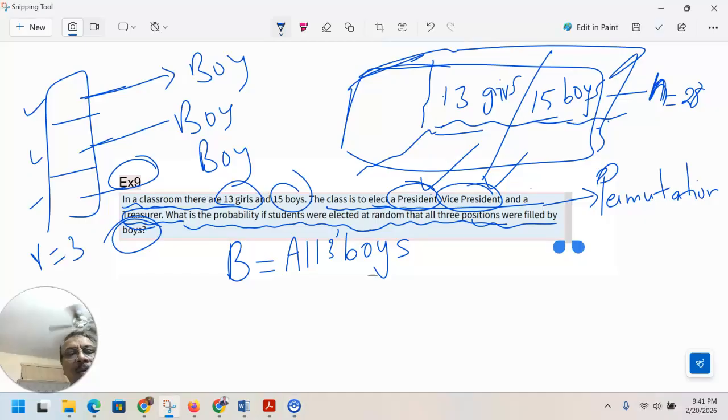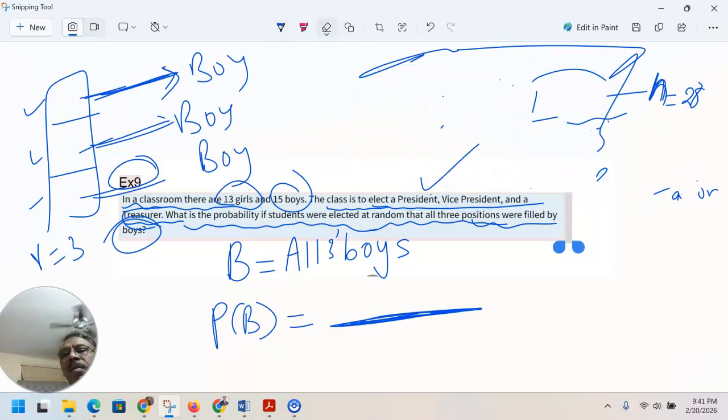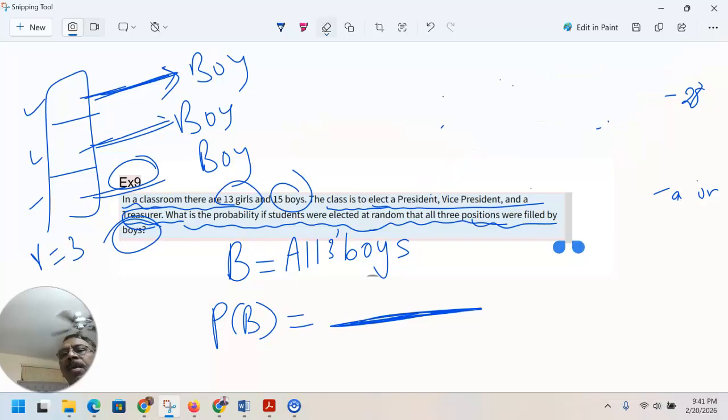So we want to know the probability that this can happen, so you have to have a ratio, right? So the first thing is how many ways can you select these three boys? Now since there are 15 boys, I would always do the bottom piece first.